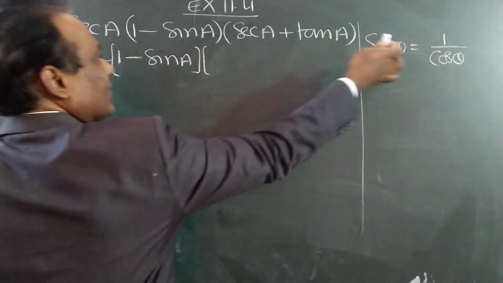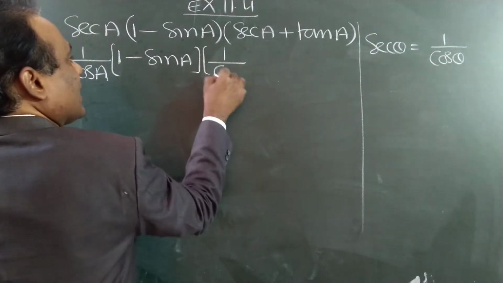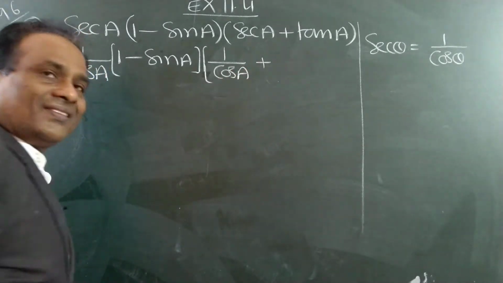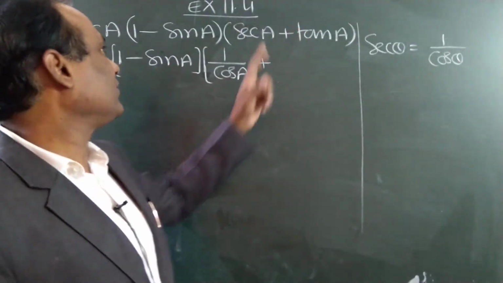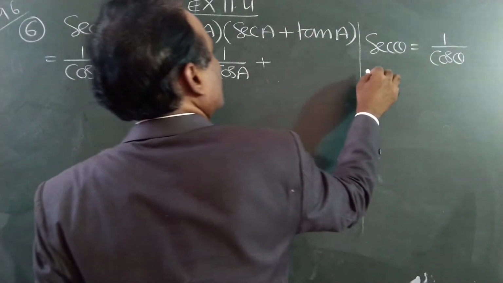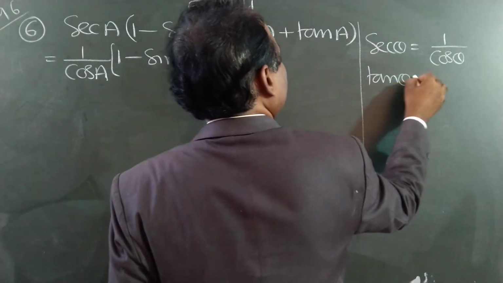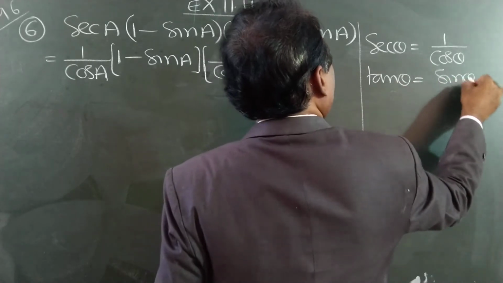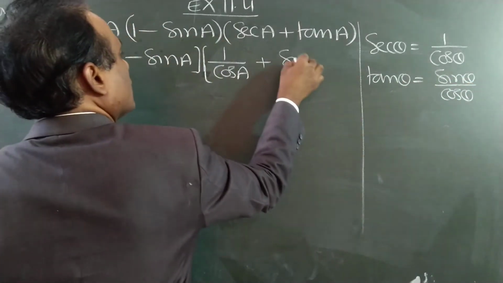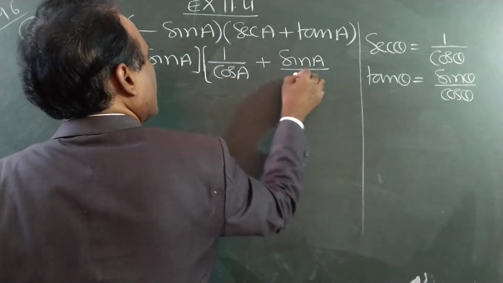Here also secant is equal to what? 1 by cos A. Plus, this also I will change into sin and cos. Tan theta is equal to sin theta by cos theta.